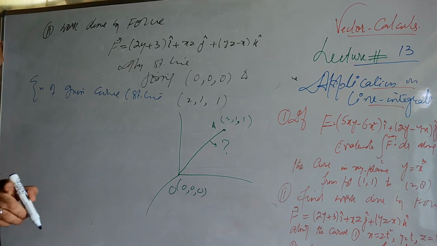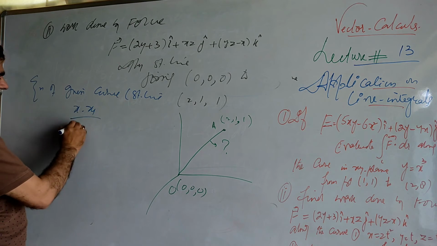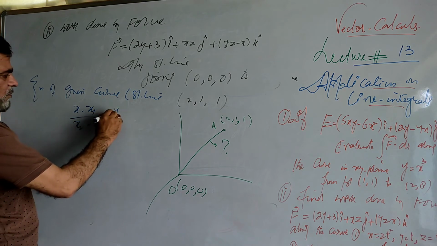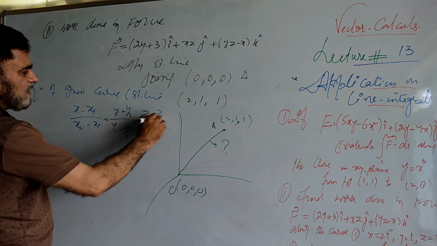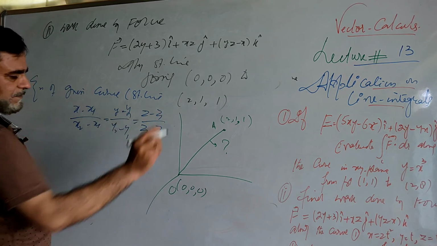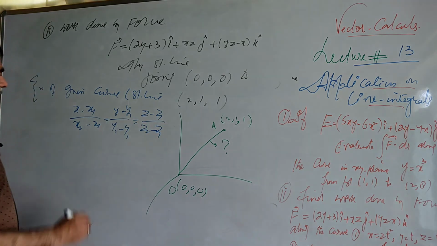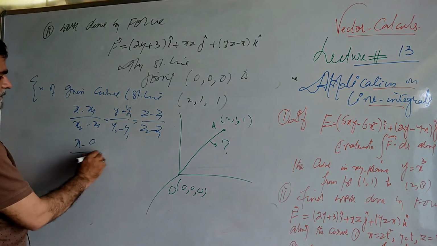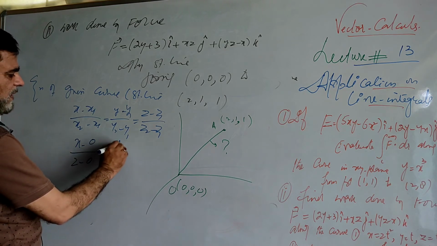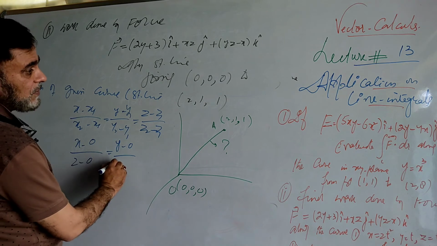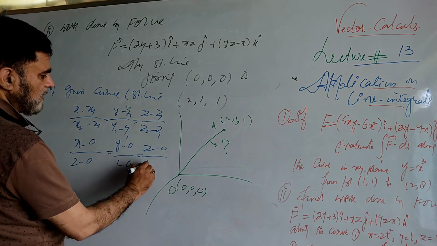What is our given curve? Straight line. How do you write the equation of a straight line joining 2 points? It is (x minus x1) by (x2 minus x1) is equal to (y minus y1) by (y2 minus y1) is equal to (z minus z1) by (z2 minus z1). So it is x minus 0 by 2 minus 0 is equal to y minus 0 by 1 minus 0 is equal to z minus 0 by 1 minus 0.